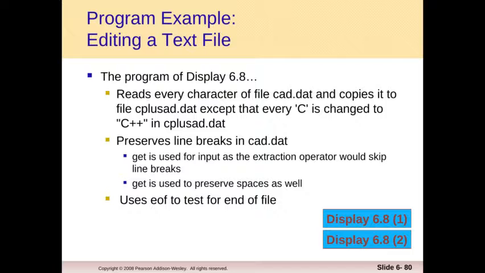So the idea is we change an advertisement for the language C into an advertisement for the language C++, simply by exchanging every occurrence of a capital C with C++. Obviously, that algorithm will break down if we have sentences beginning with a word that begins with a capital C. But in this particular example, in the input data that we have, it's going to work.